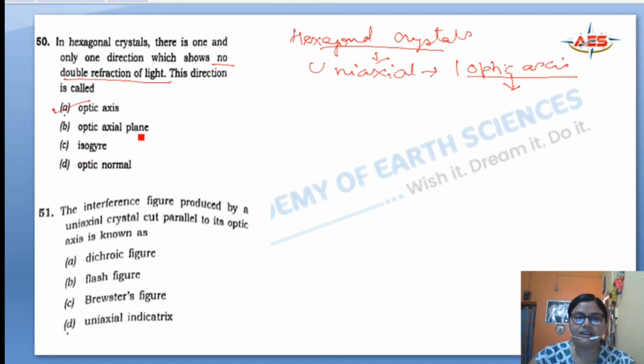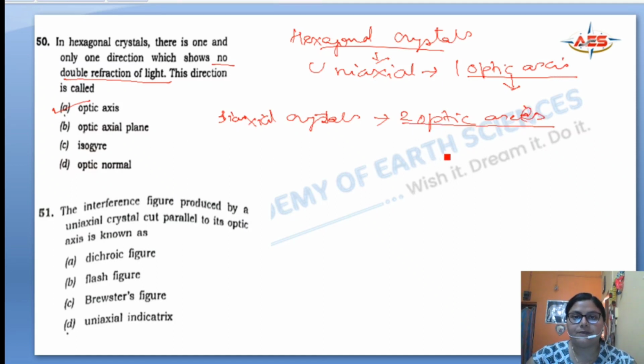Now let us look at the others too, optic axial plane. In case of biaxial crystal, that is, they have two optic axes, the plane that consists of these two optic axes is called the optic axial plane. And the normal to this plane is known as optic normal.